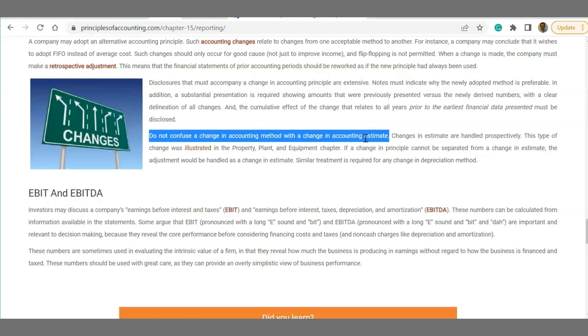So starting that moment, because of the change in estimate, you calculate your depreciation expense based on 7 years life. And you just go prospectively forward and prepare your financial statements without changing any financial statements from previous period.